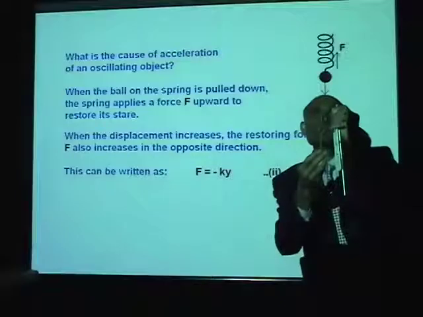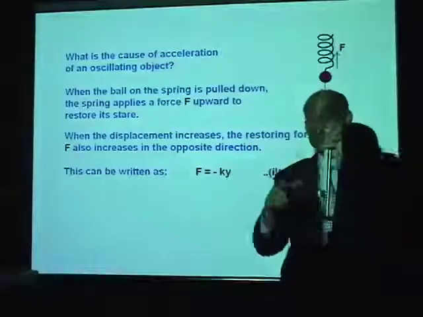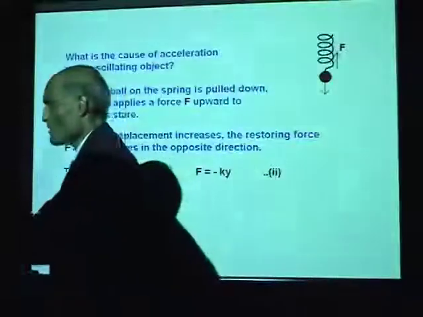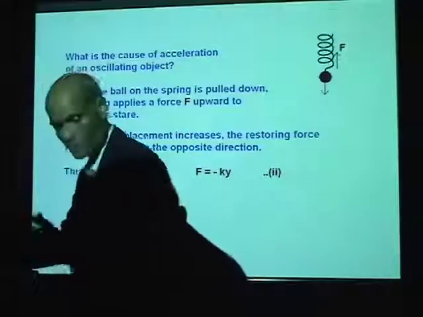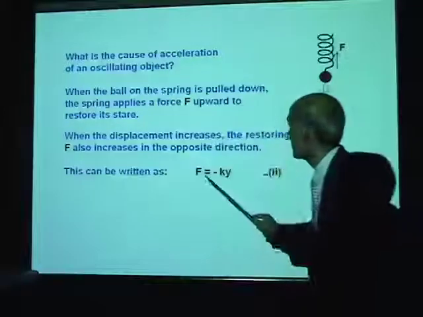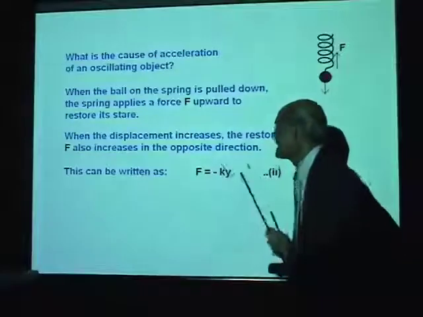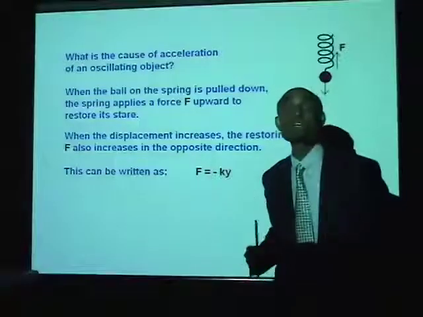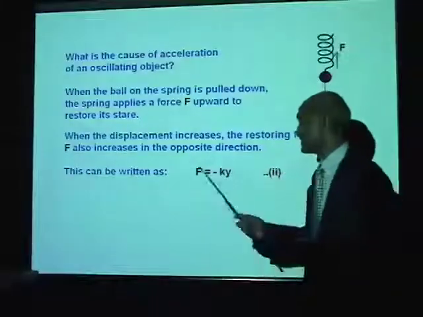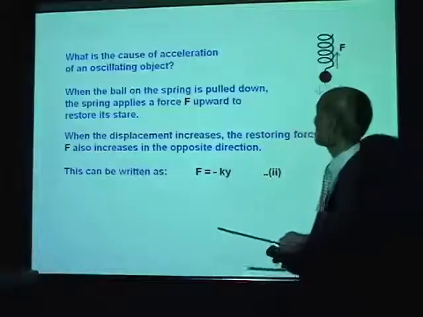When the spring compresses it, the direction of the force will be downward. Alright, so the direction of the restoring force is always opposite to the direction of displacement. F equal to negative ky, and this k is called the spring constant. There is different value for different springs.